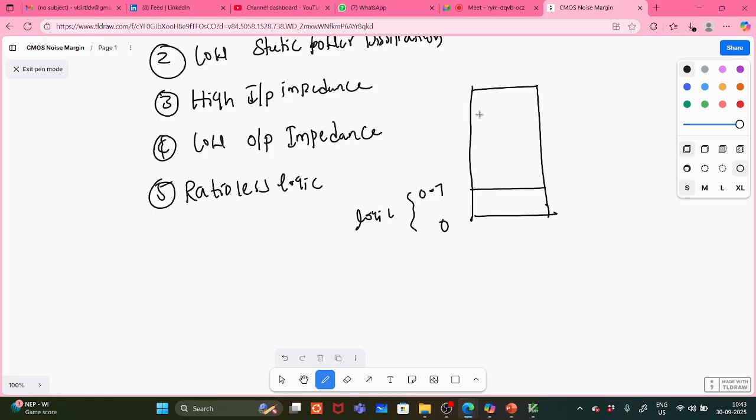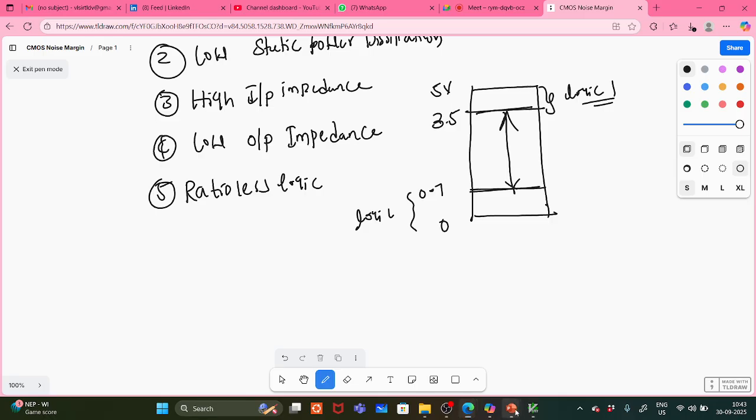And let us take something that crosses 3.25 volts, which we'll consider as logic 1. We can't consider the voltages in between these. So these are the voltage levels.